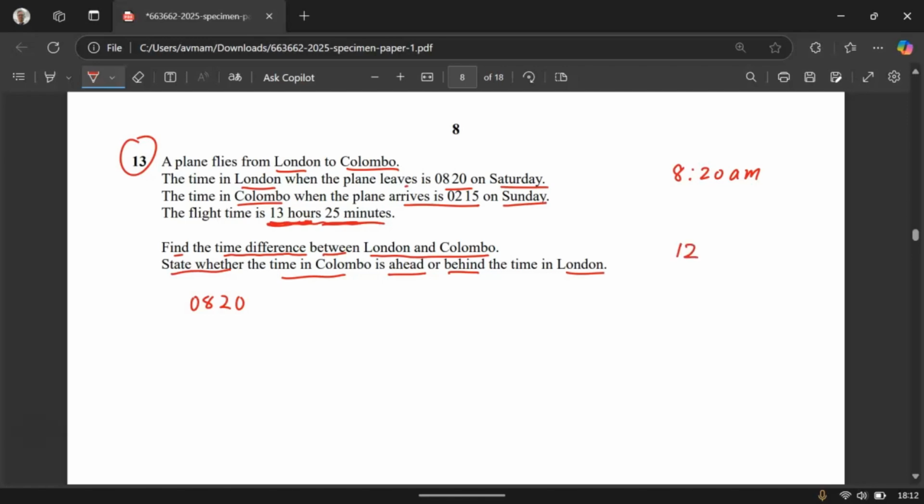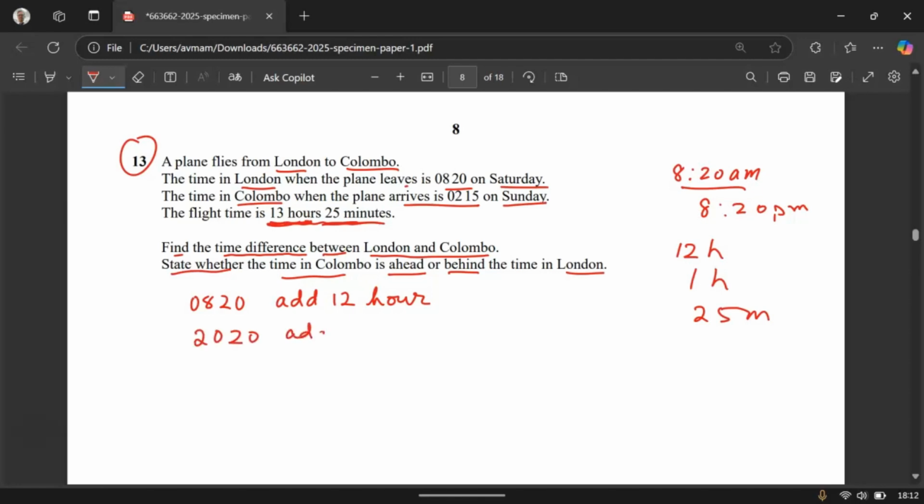Let's say 12 hours, and then 1 hour, and then 25 minutes. Okay, and then let's add 12 hours first. So to 8:20 a.m. if you add 12 hours, that's going to be 8:20 p.m. In the 24-hour format, that's going to be 20:20.